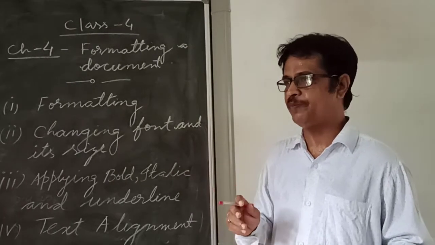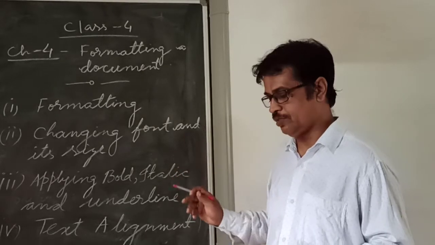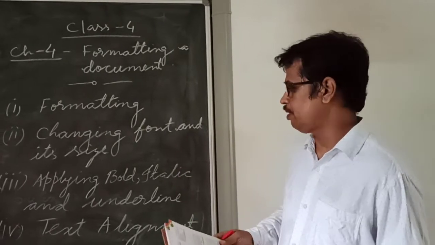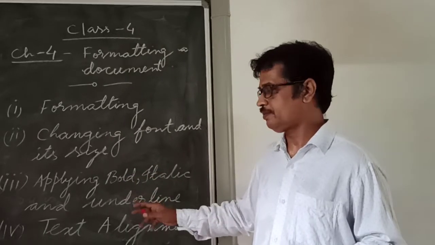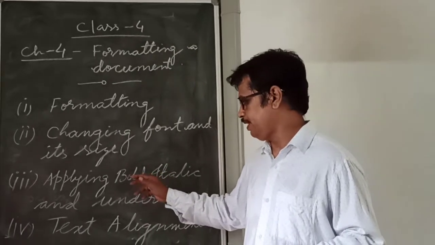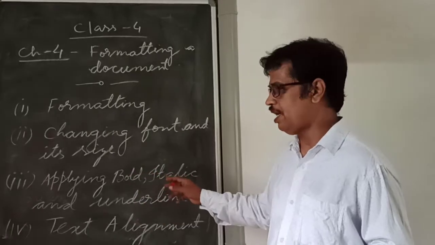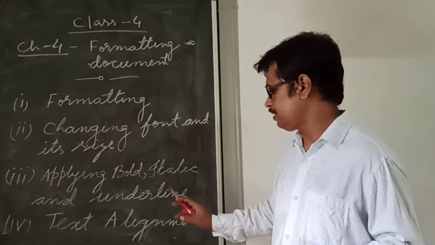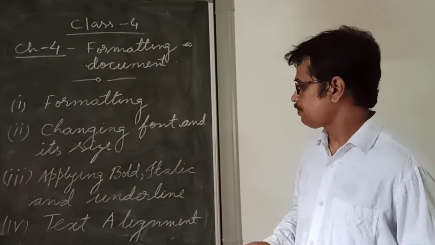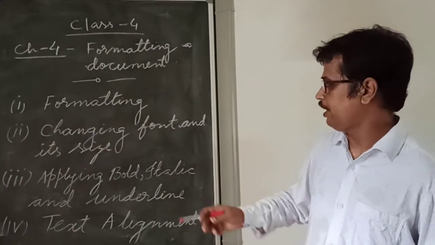This is the shortcut for making your text underline. So these are the three shortcuts for making the text bold, italic, underline. Control B for making the text bold, Control I for making the text italic, and Control U for making the text underline.